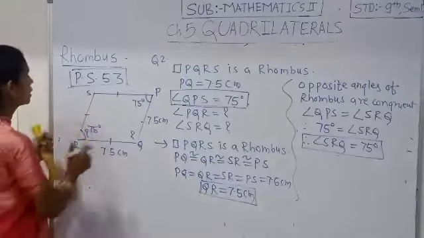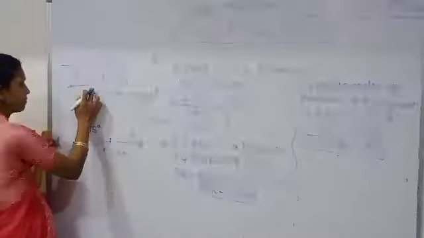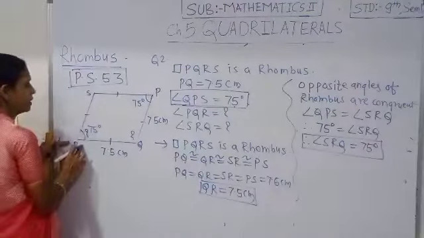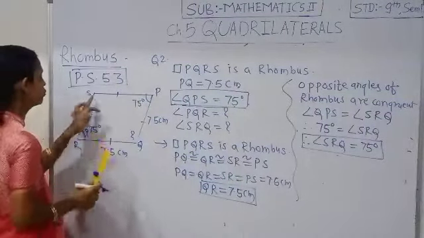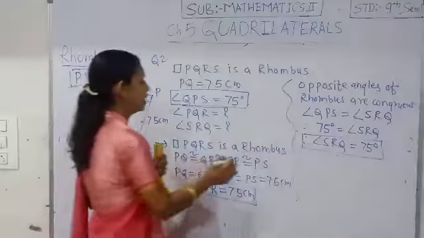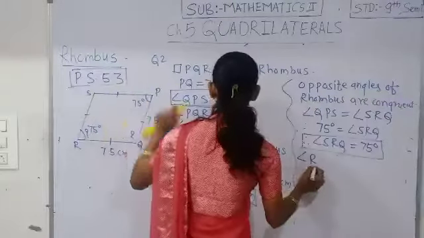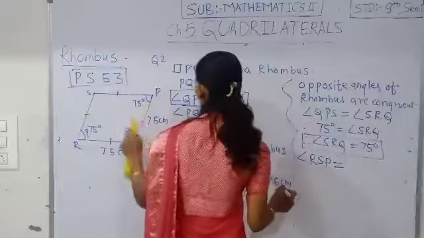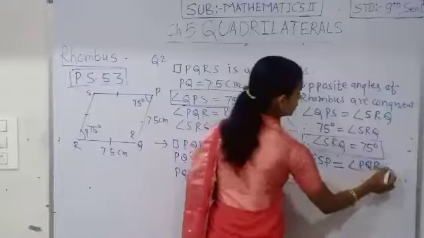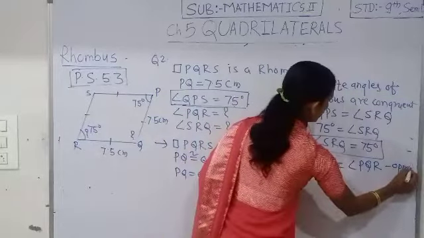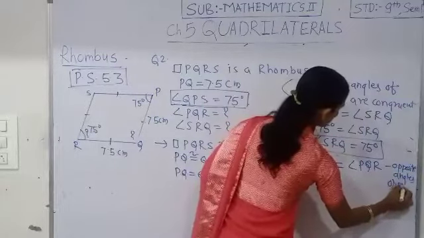Then see here the remaining angles, that is angle PSR as well as angle RQP, we have to find out. Angle RSP is equal to angle PQR, the opposite angles of the rhombus.